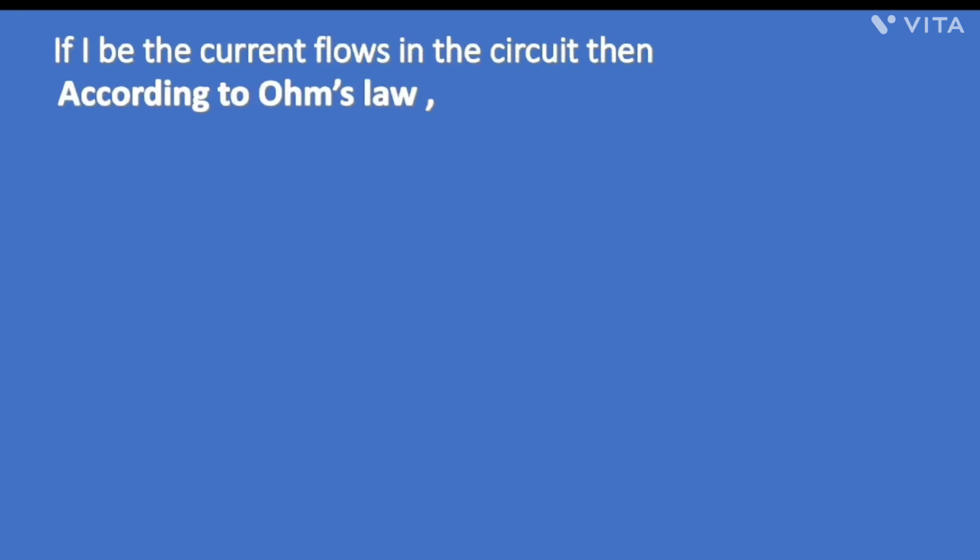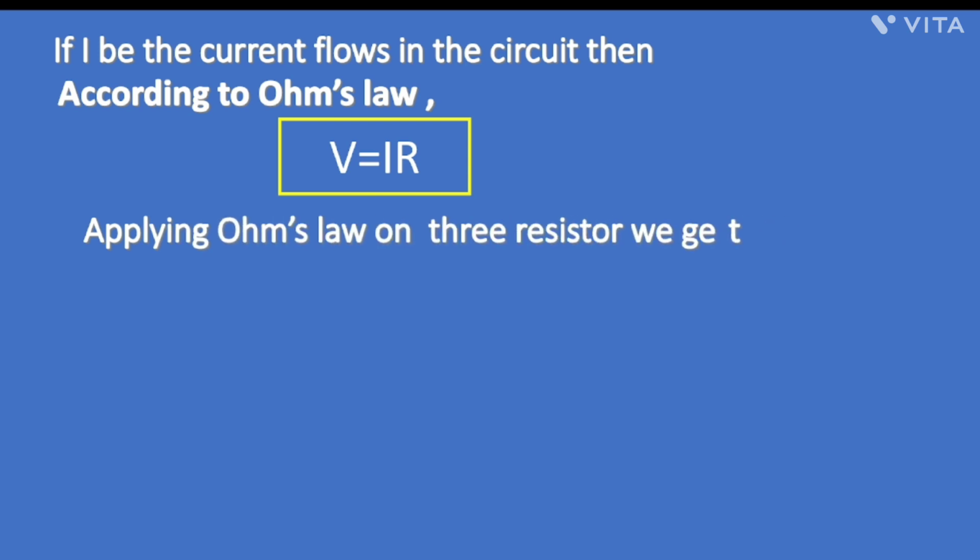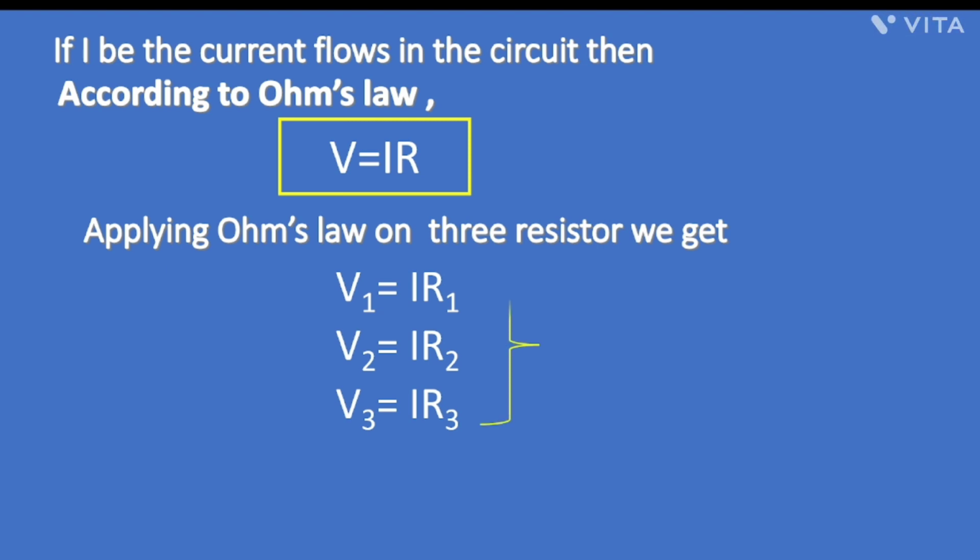Now, if I is the current flowing in the circuit, then according to Ohm's law we can write V equals IR. This is what we have learned according to Ohm's law. Now applying Ohm's law on the three resistors R1, R2 and R3, we can write V1 equals IR1, V2 equals IR2, V3 equals IR3.